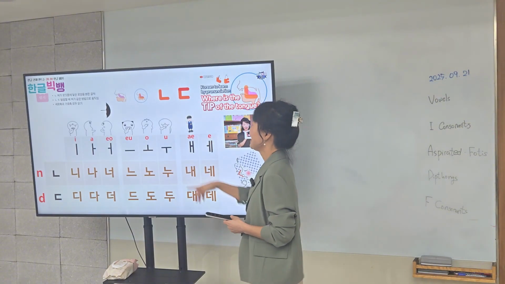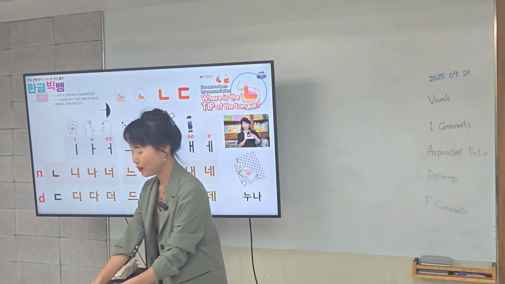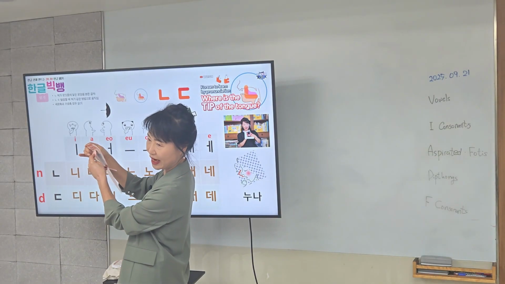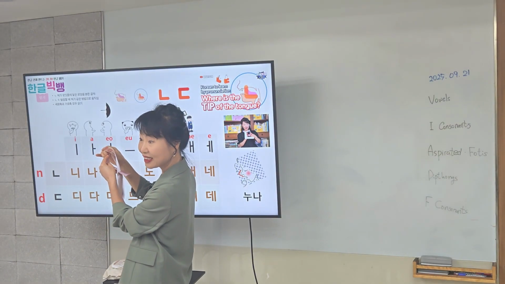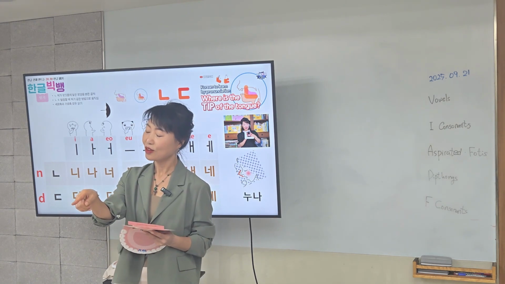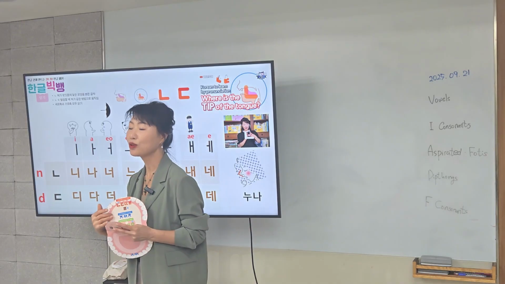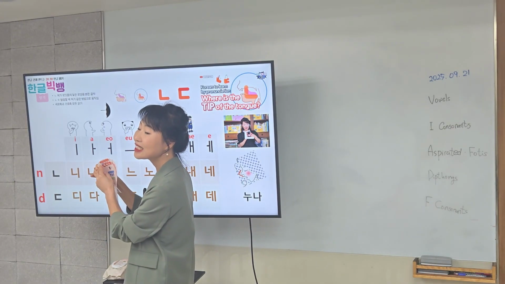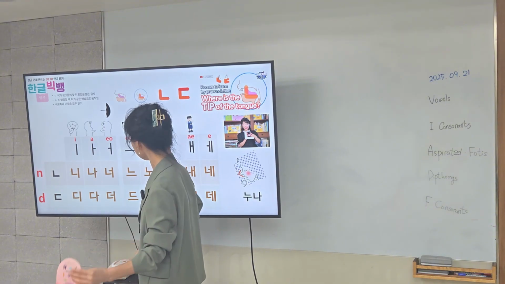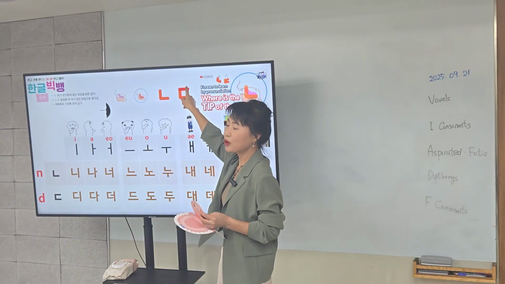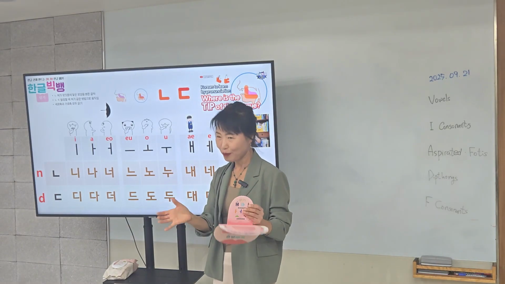And then this is n. When you pronounce n, the tip of your tongue touches your upper gum like this, n. So you can make n, n, n. Or you can look in the mirror to see how your tongue moves. And adding one more stroke means more air also.